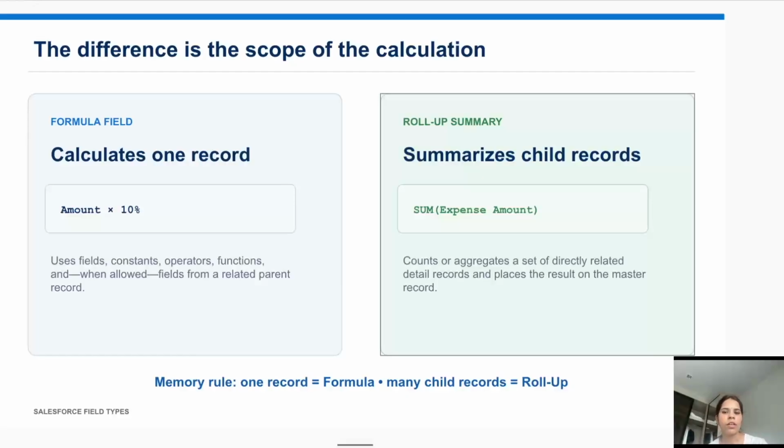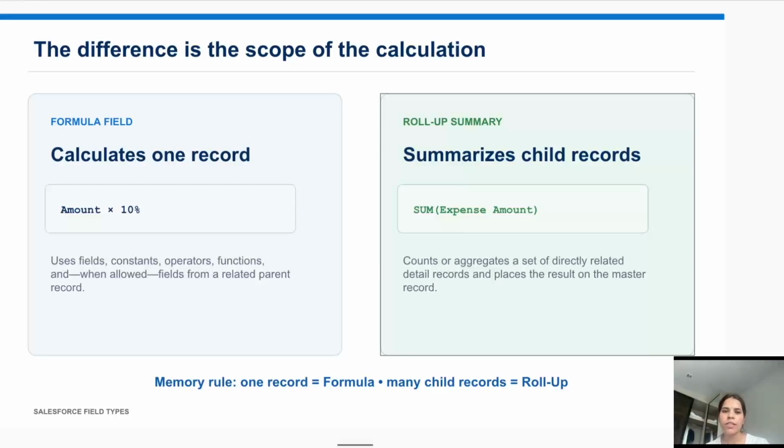For example, we have an account and it has some related opportunities, and those opportunities have an amount field. We want to check all the opportunities associated with an account, take the amount values, sum all of the opportunity amounts, and return the value to the account field.